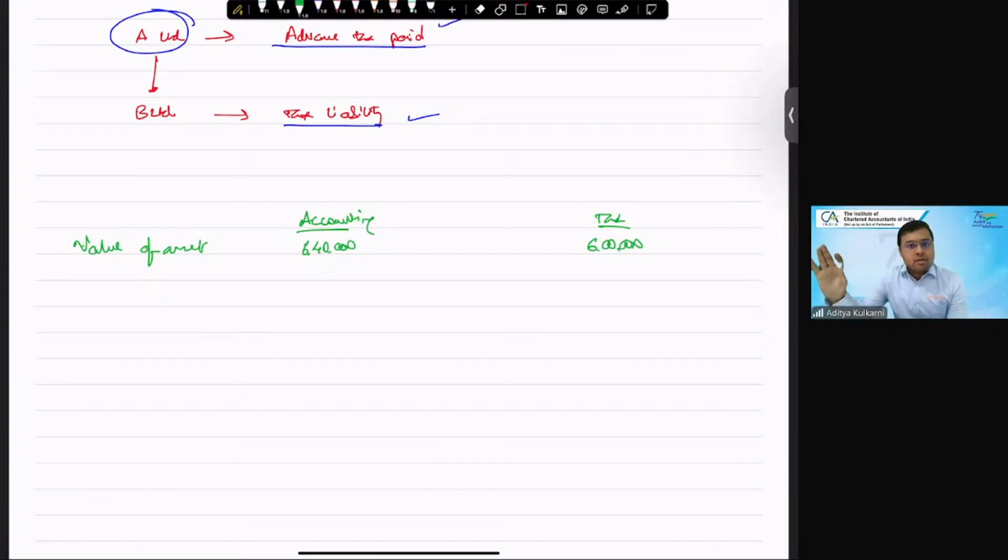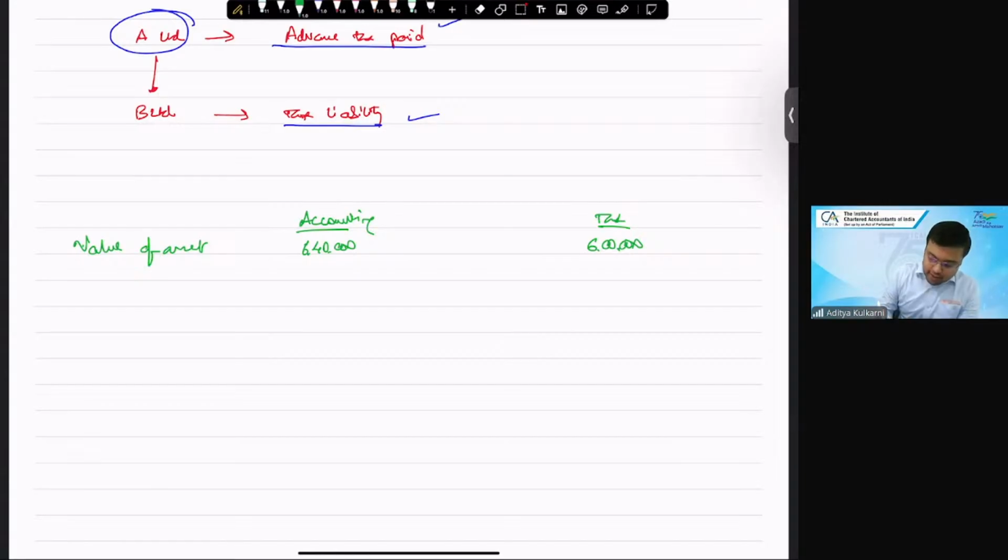That means my tax profits in the future will be higher by 40,000, because the available asset for depreciation is only 6 lakhs, which is 40,000 less than the accounting value. Are we able to understand?